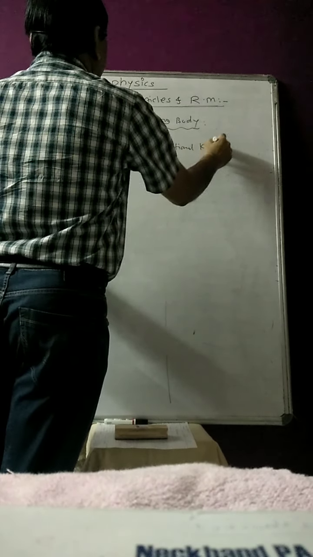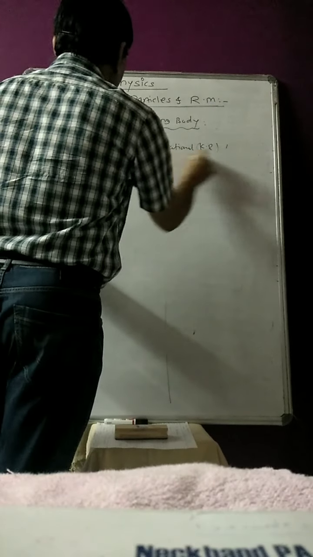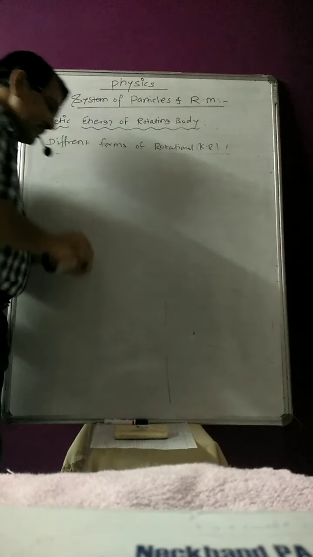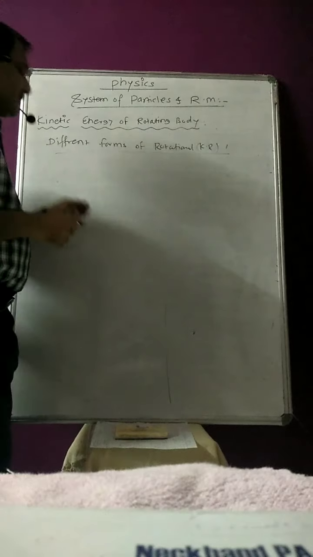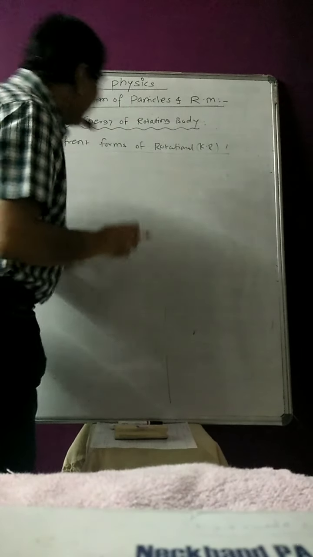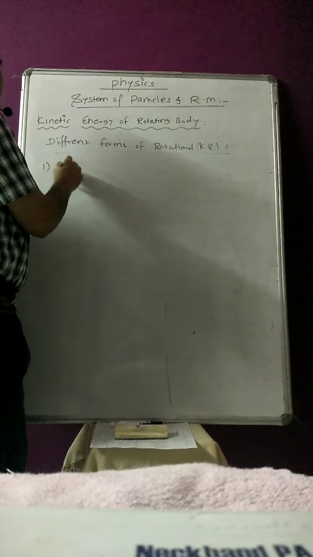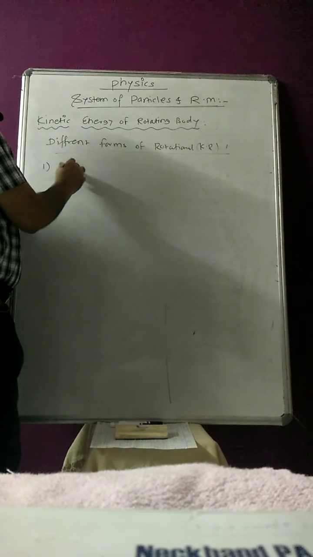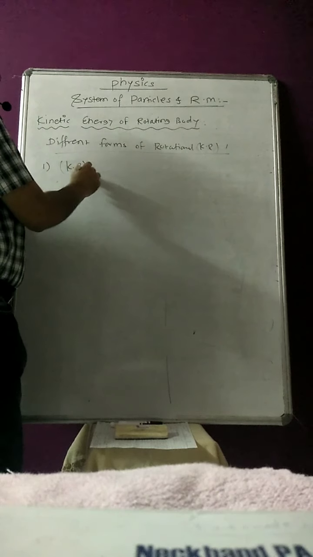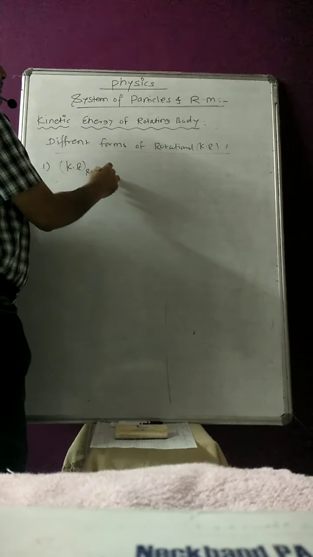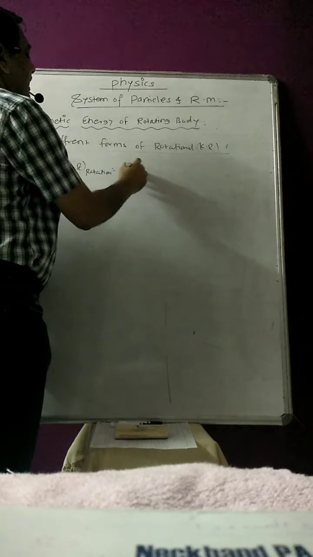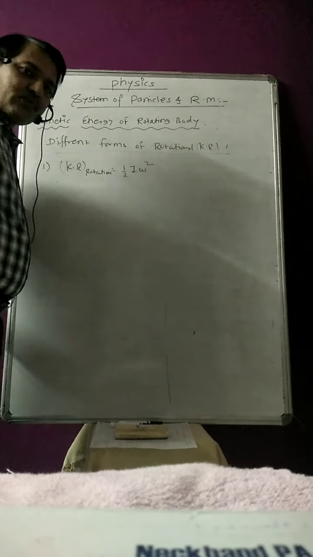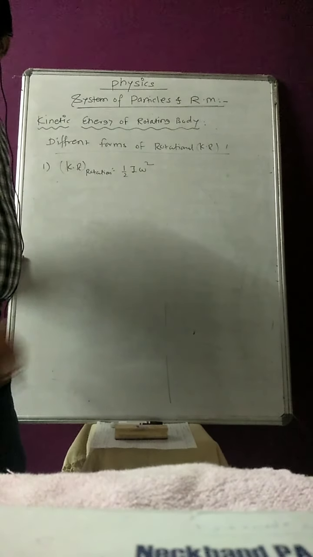So the first form is that kinetic energy of rotation is equal to half I omega square.